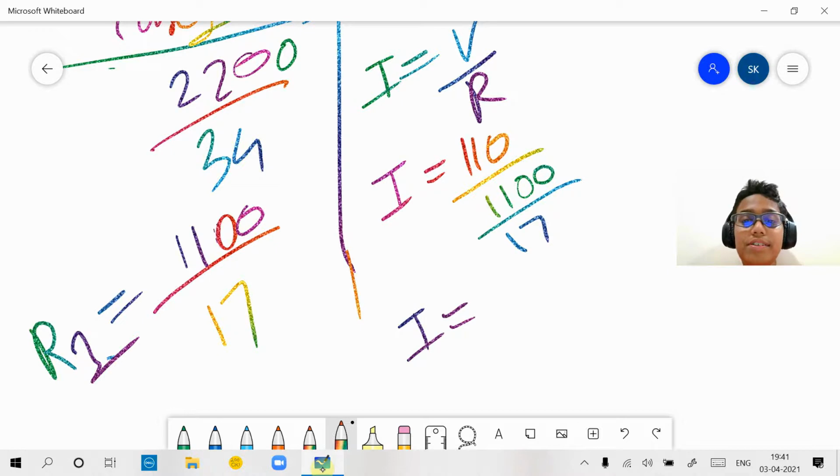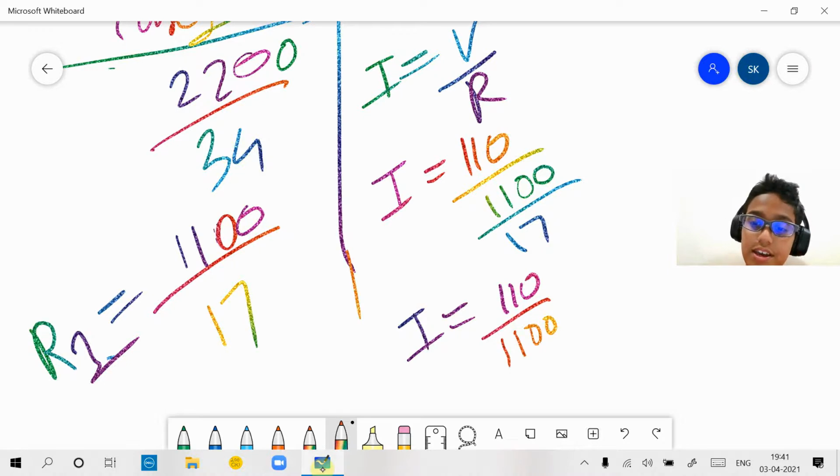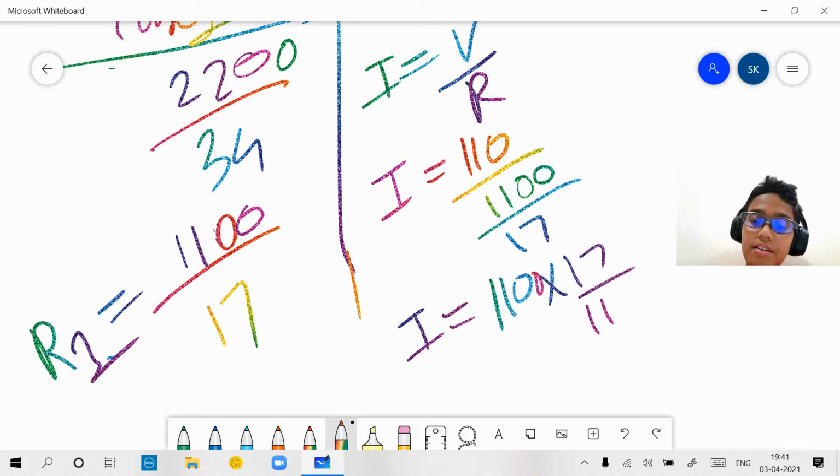Okay, so I equals 110 into 17 by 1100. Zero cancels, zero cancels. 11 ones are 11, 11 tens are 110.